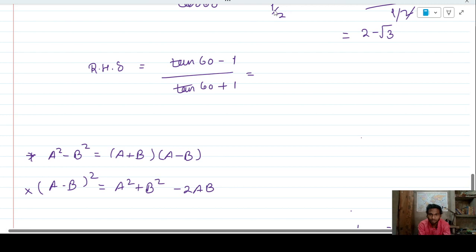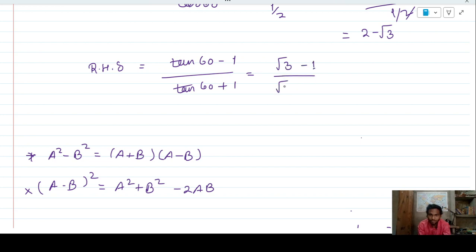Answer will not match. Root 3 minus 1 upon root 3 plus 1, easily solved.